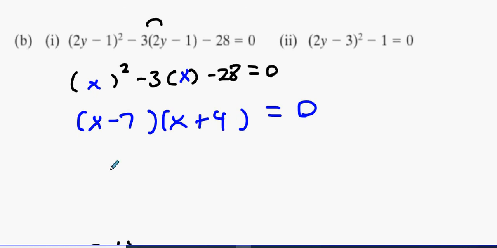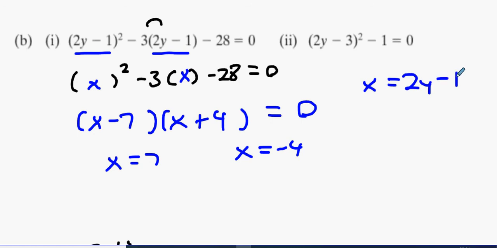What's your two answers for x? Okay. What did you say x was? x equals 2y minus 1. Because we used to have 2y minus 1 there, but you replaced it with x. Okay. So what can I say now? 2y minus 1 equals 7, and 2y minus 1 equals minus 4.